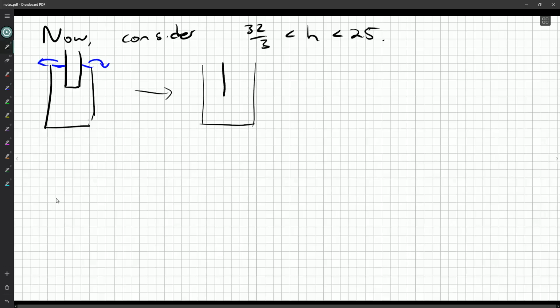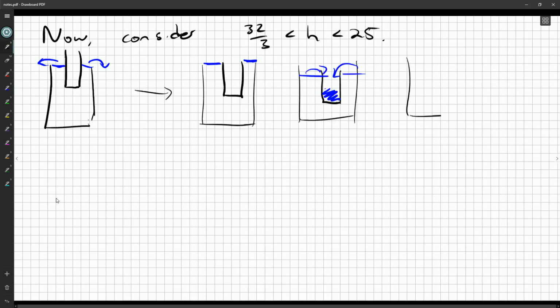And then eventually we'll get all of B is lined up, or the lip of B is lined up with the lip of A. Water will stop flowing out, start flowing in. And then we've got sort of two scenarios we could possibly have.